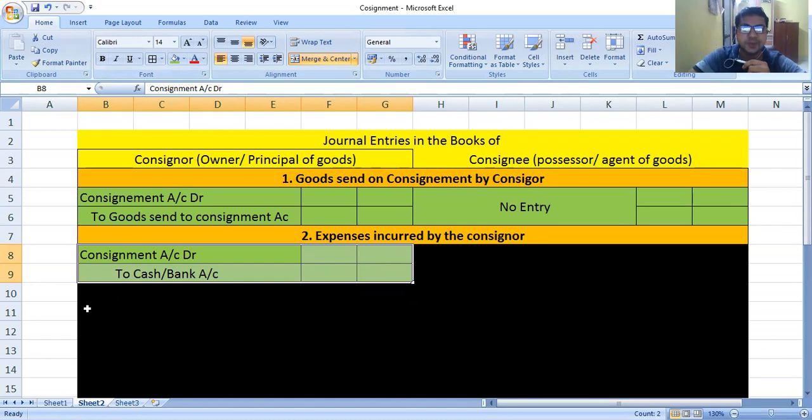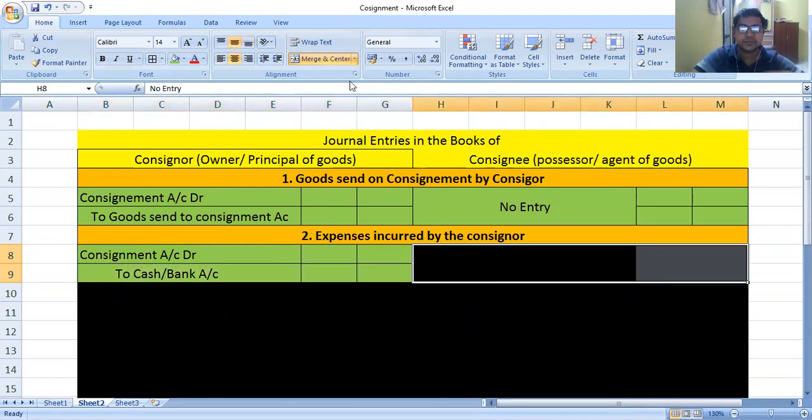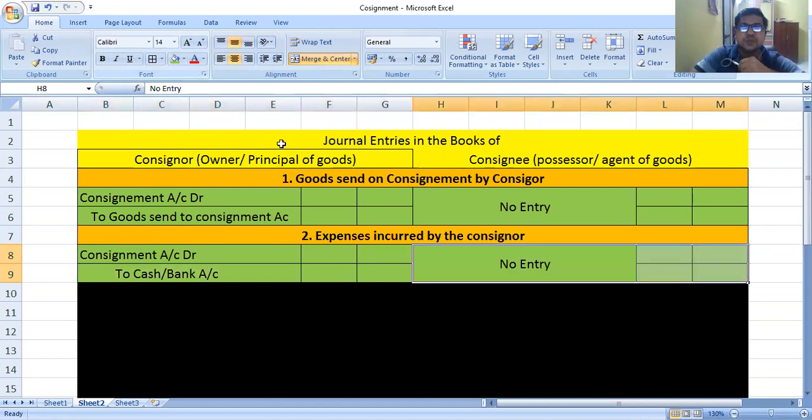This particular entry we will pass in the books of consigner. What kind of entry in the books of consignee? No entry. We will not pass any kind of entry in the books of consignee.